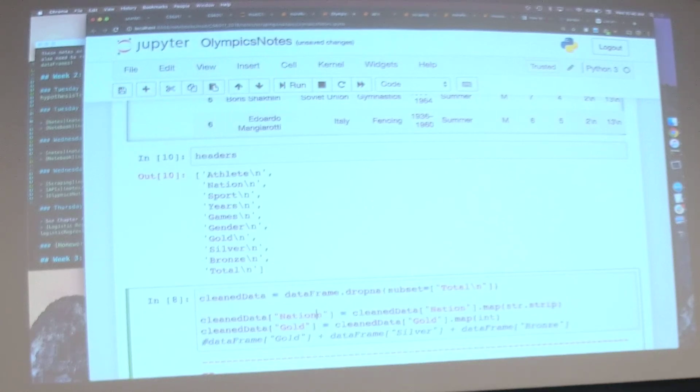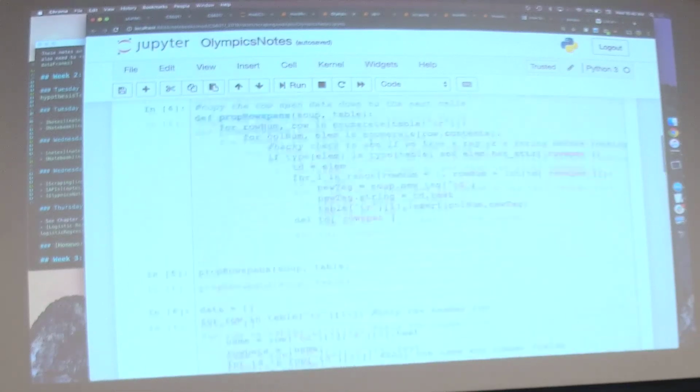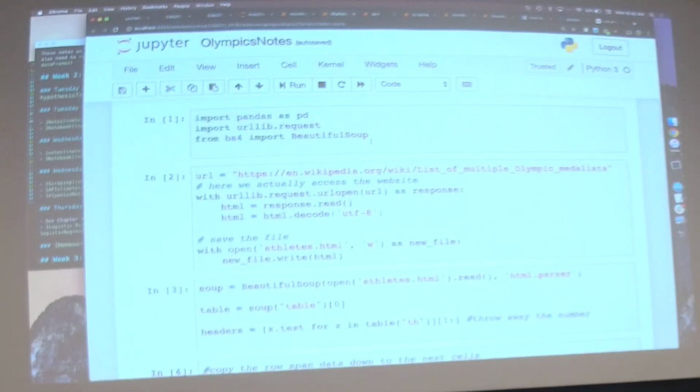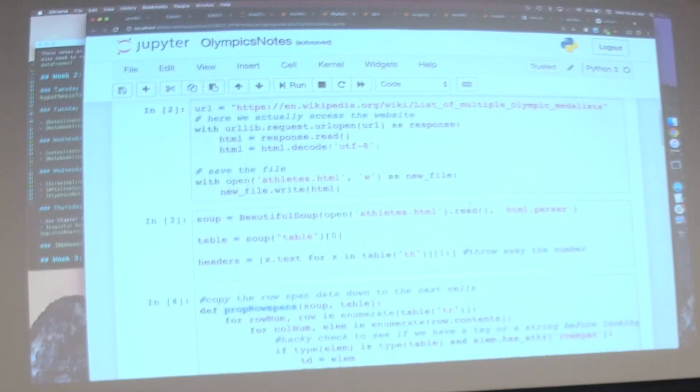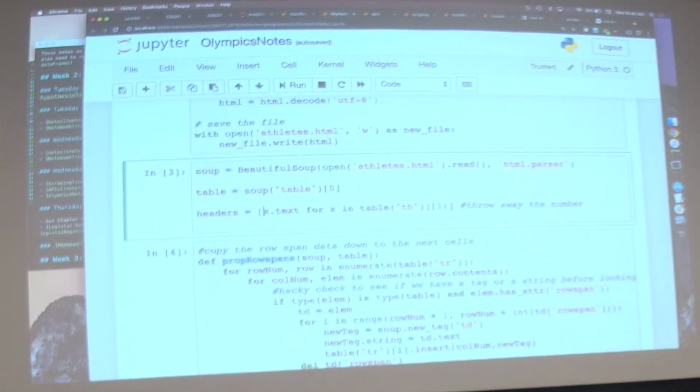Actually, let's go back and clean this up. So I have all these new lines here in my headers. So what can I do about fixing that? I can strip them. So let's go up here where I get my headers. So I'm going to strip.